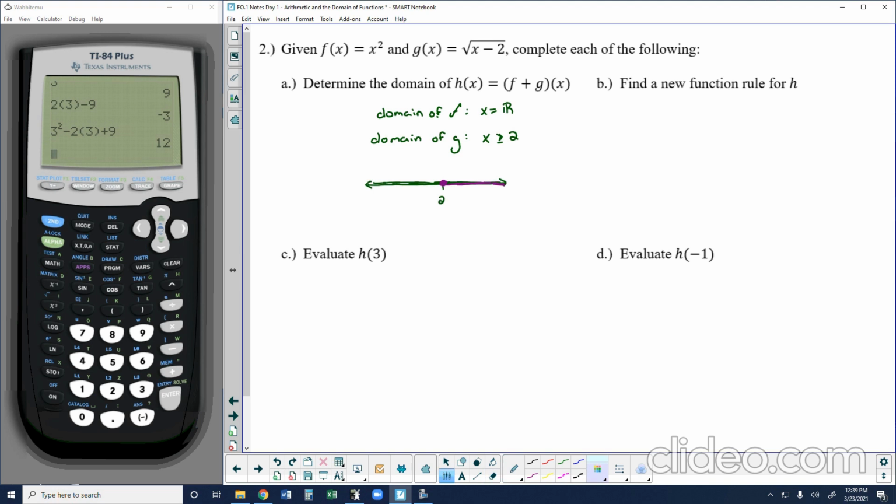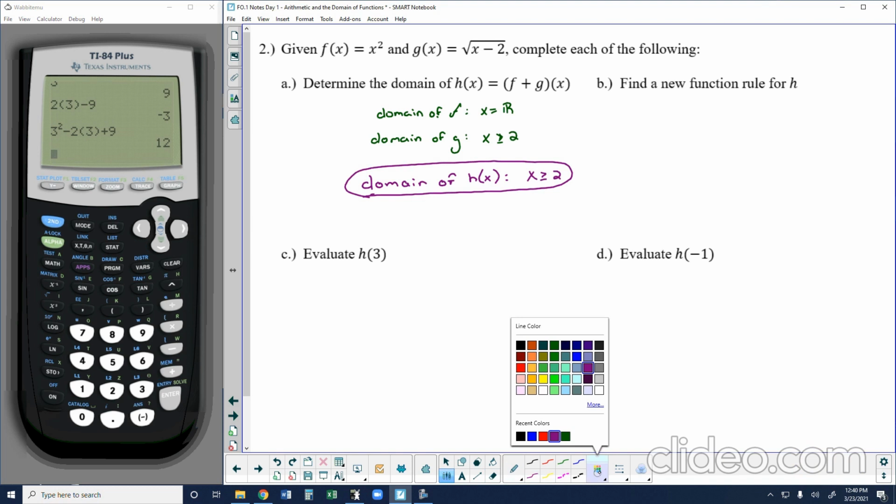So we can see where these two overlap is everything to the right of positive 2 and including 2. The intersection of the individual domains makes up the domain of h of x. So the domain of h of x is going to be x is greater than or equal to 2.